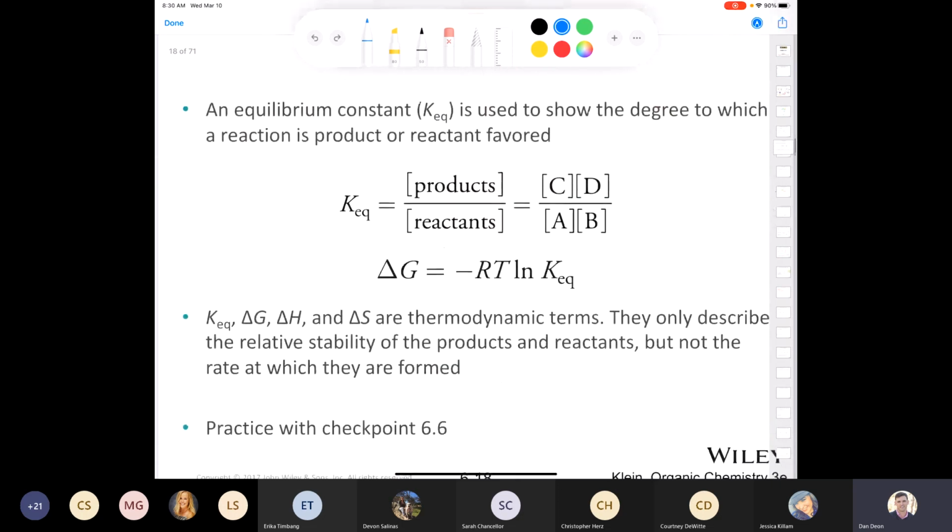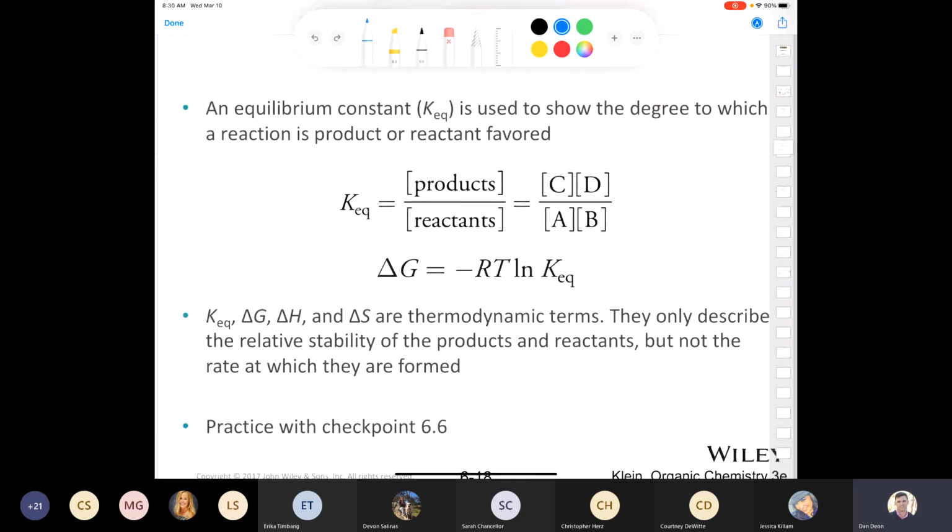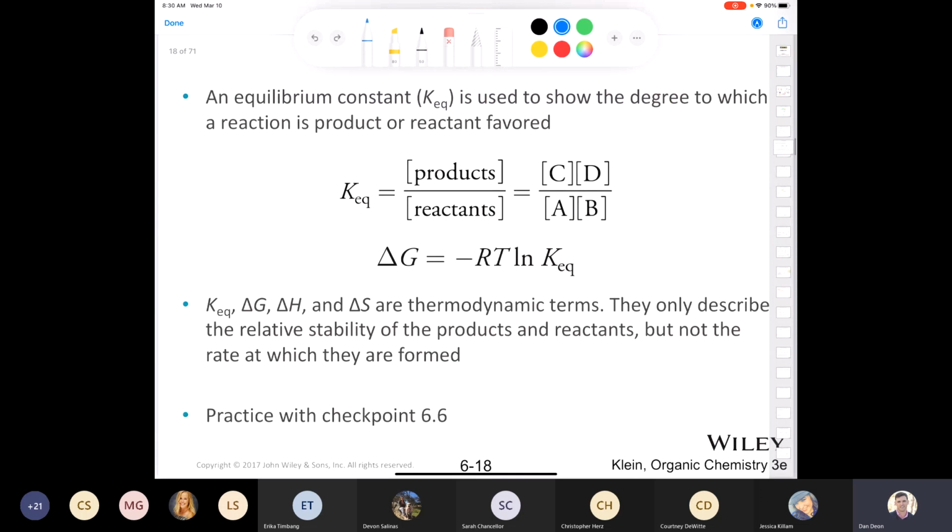If we look at this from the point of view of a couple of formulas that you would have learned along the way, everybody who's hearing the sound of my voice definitely used this formula probably more than 100 times in General Chemistry 2, where you calculated a K equilibrium, which is equal to the product of the concentrations of the products divided by the product of the concentrations of the reactants. But how is the equilibrium constant related to delta G?